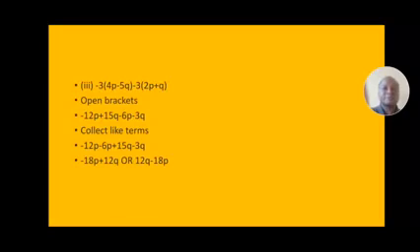Question 3. -3(4p - 5q) - 3(2p + q). As usual, we are going to open our brackets. That is, all the terms outside the bracket multiply all the terms inside the bracket. So let's go.